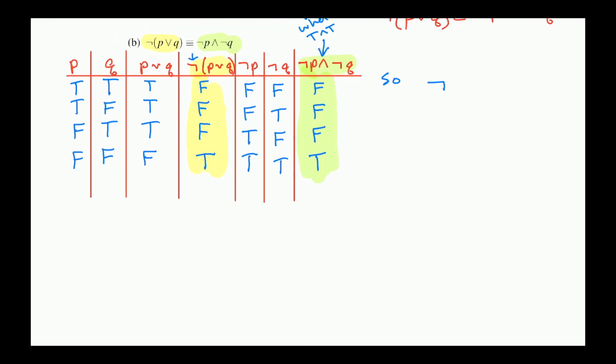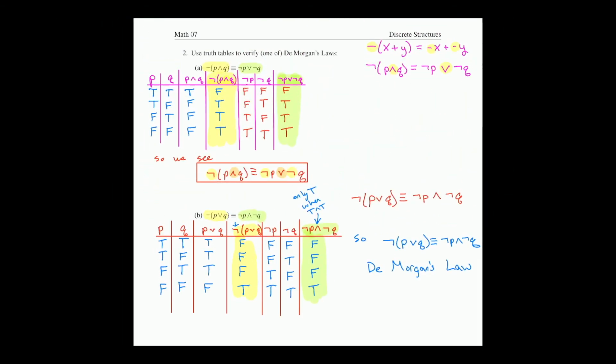So this one, not (P or Q), is logically equivalent to not P and not Q. And that's the other De Morgan's law, which I don't know why I'm writing it, it's written on the page. But there you go. So both of those are De Morgan's laws together, and they deal with how a negation goes across a sum.